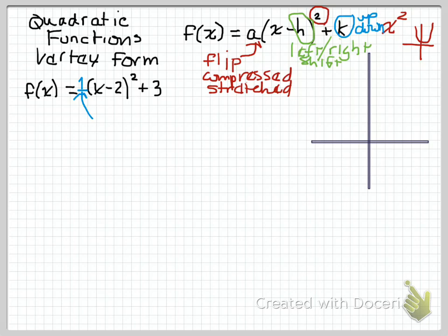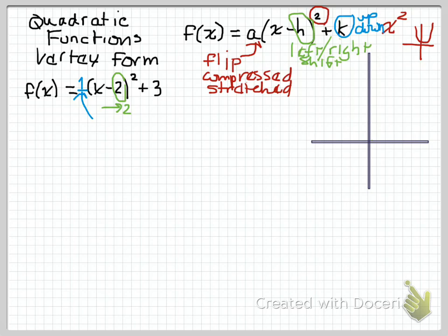The next thing we'll look for is our left-right shift, and that 2 gives us our left-right shift. So we know that we're going to shift right by 2 units. So instead of being at the 0, 0 point, our center of our graph is no longer at 0, 0, we're now shifting over by 2.